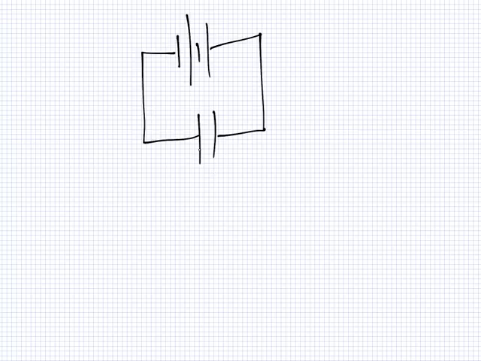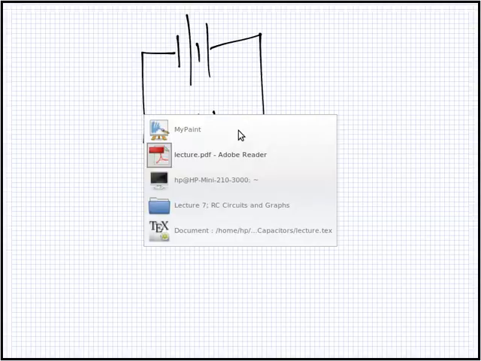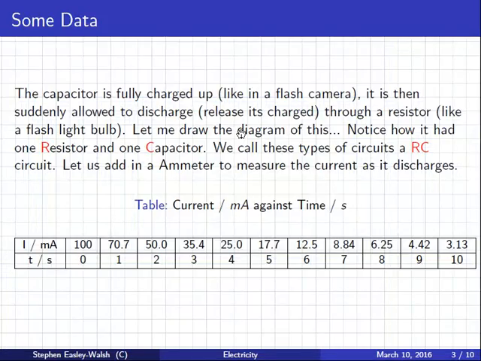And then when it's like this, it's discharging. Is that okay? So, here, it's discharging through the resistor. And can you see how the current is decreasing as the time is increasing?